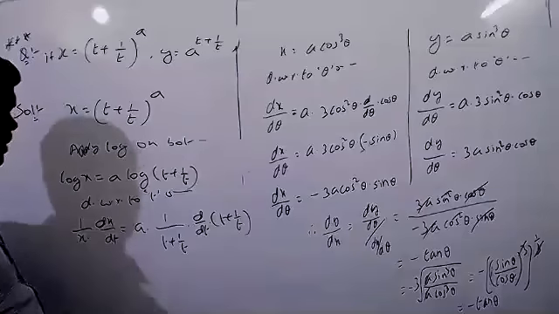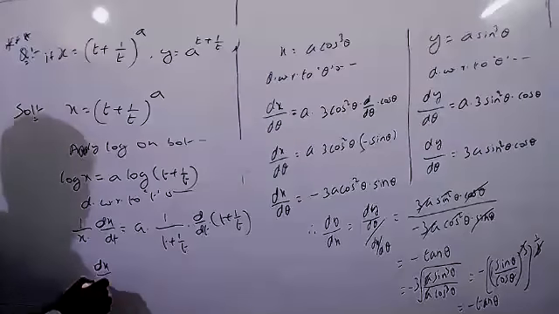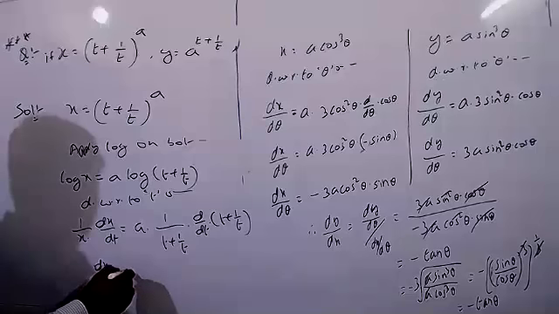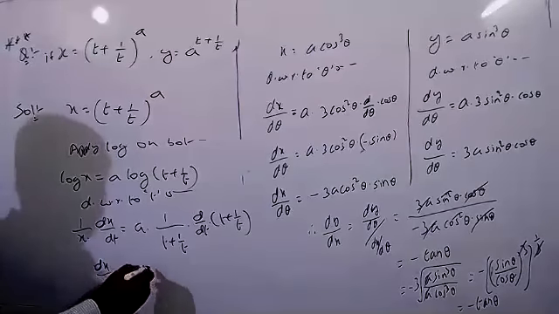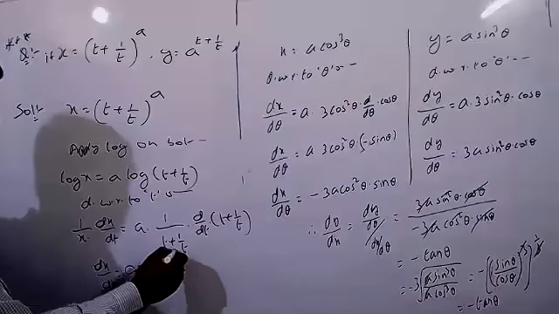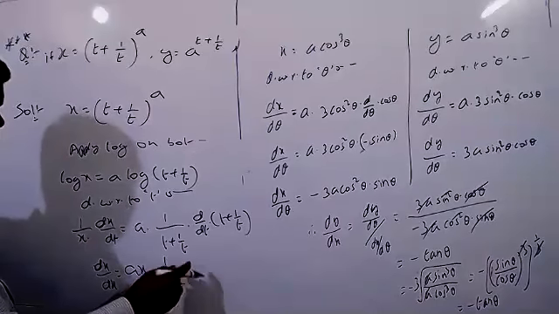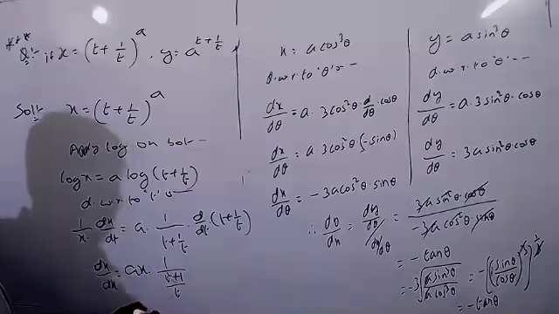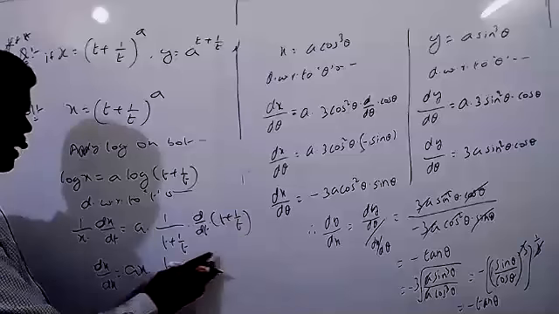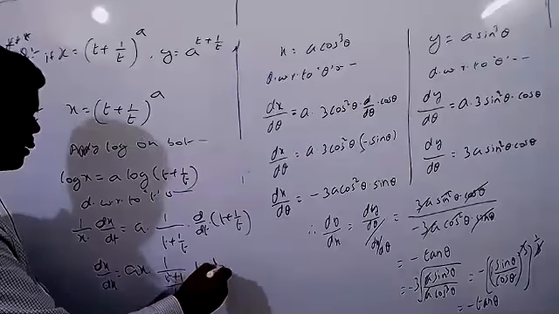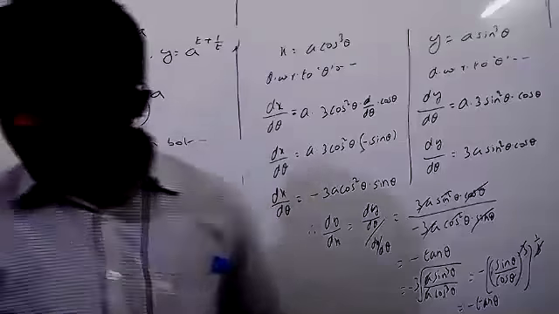Now you can write, so therefore dx by dt equal to a into ax into 1 by, if you want, you can take LCM here, so t square plus 1, into the differentiation of t plus 1 by t, you can write now 1 minus 1 by t square.